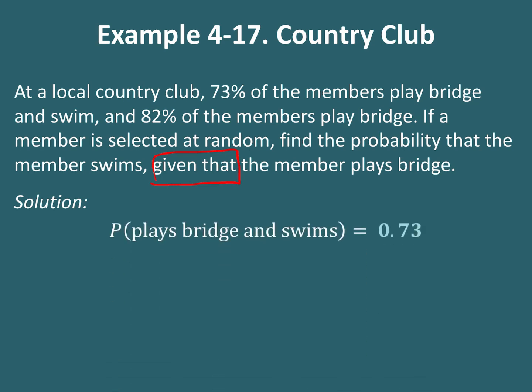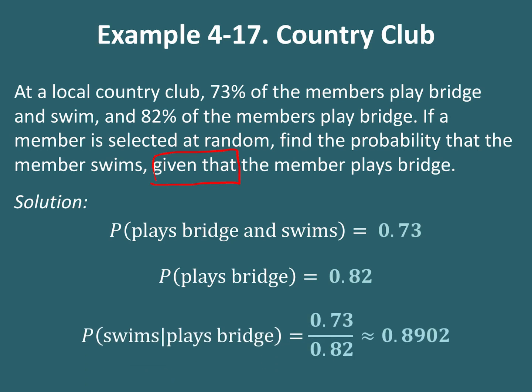So what's given here is that the probability that a randomly selected person at a local country club plays bridge and swims is 0.73. The probability that a randomly selected individual at this local country club simply plays bridge is 0.82. So the randomly selected individual, who we already know plays bridge, what is the probability that they swim?